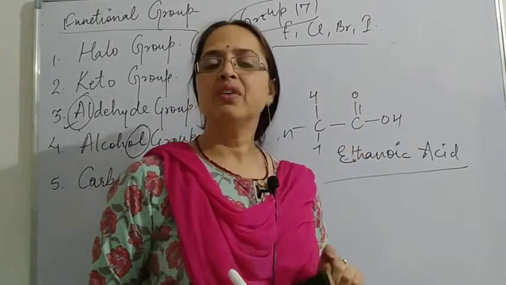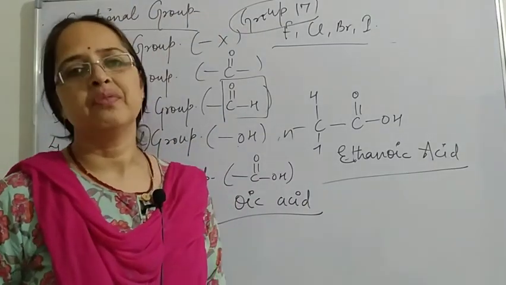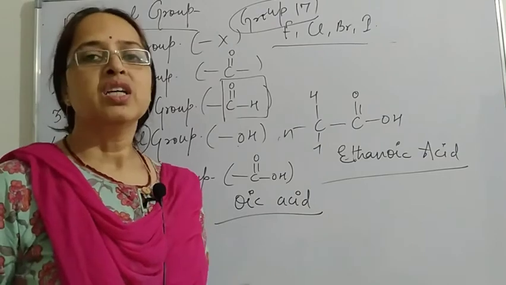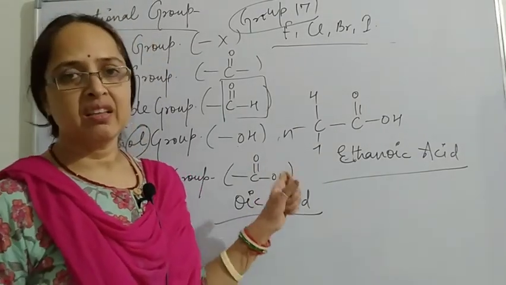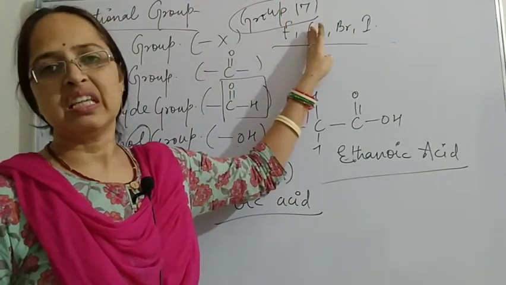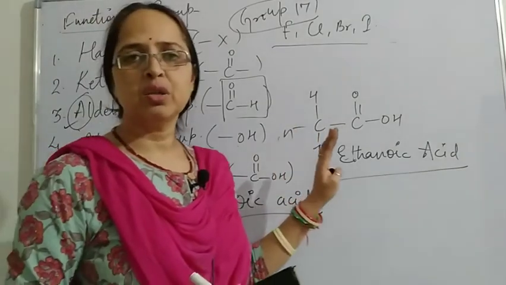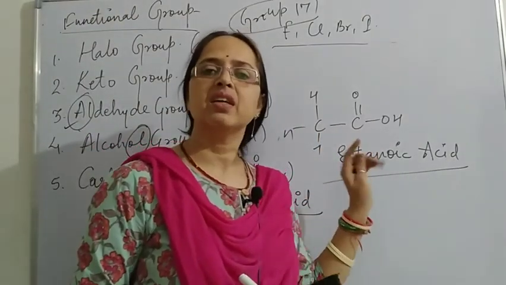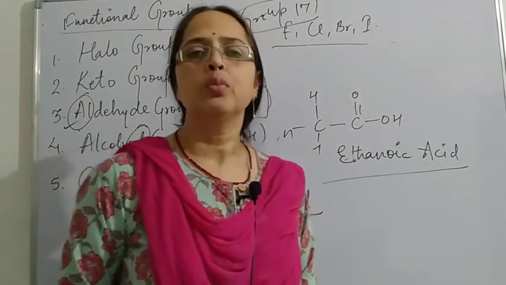But if their functional group is different, then their physical as well as chemical properties vary. So the chemical properties remain the same when they belong to the same functional group. And when the members of different functional groups are there, then their chemical properties also vary. Now we talk about the homologous series.